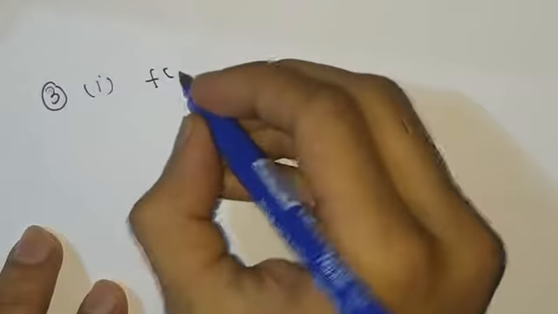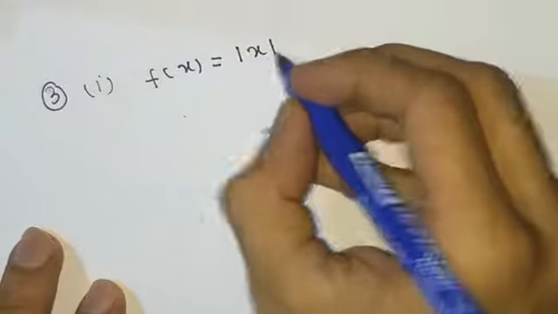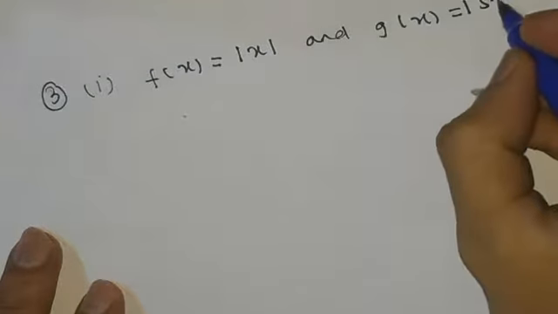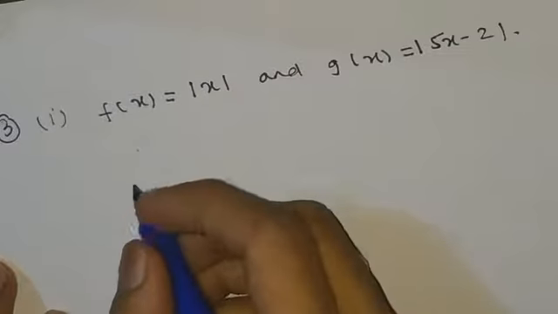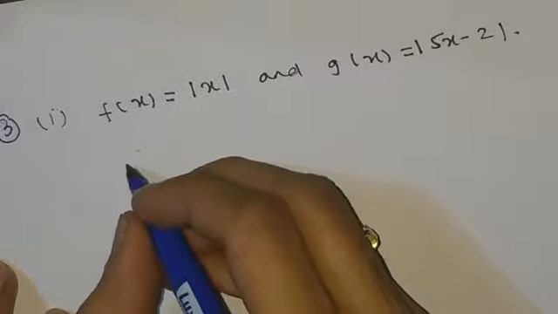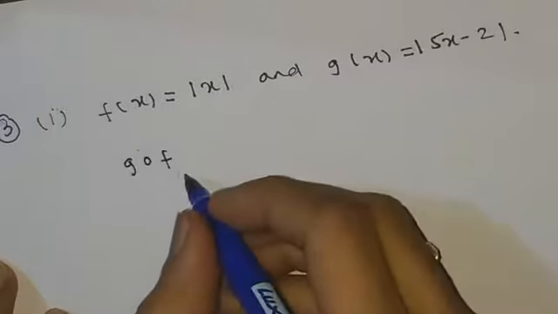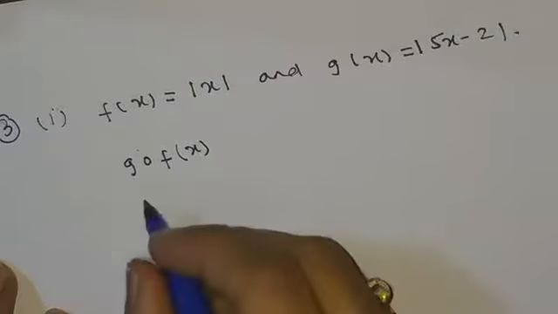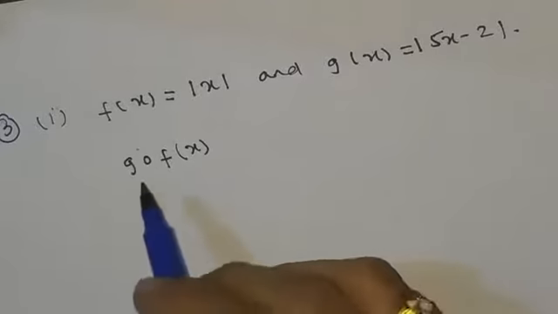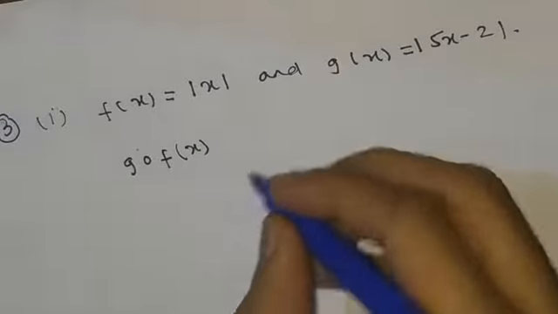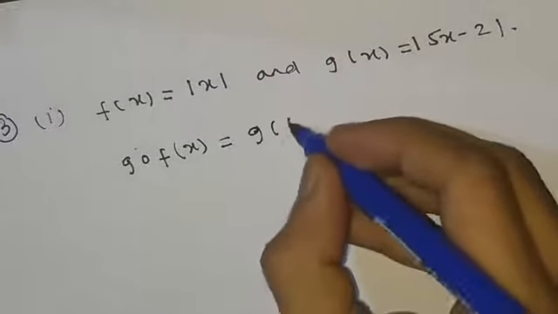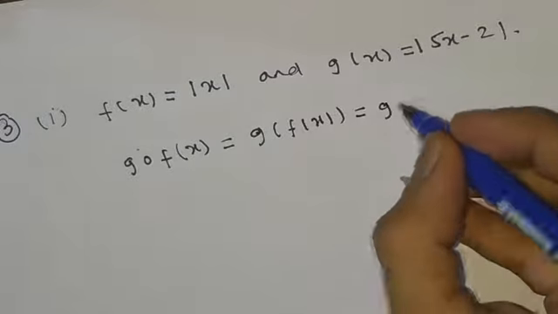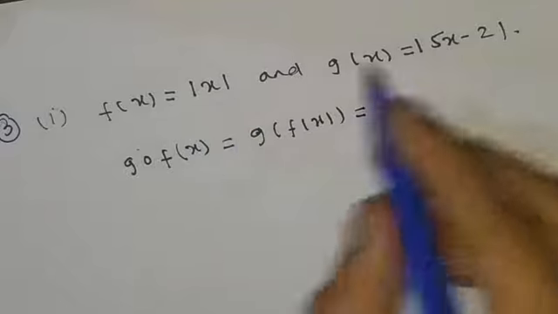In the first problem, f of x is given as modulus of x and g of x is given equal to modulus of 5x minus 2. Okay. We have to find g composition f first. Now to find g composition f, we have to take one x in the domain of g and f. So this will be equal to g of f of x. Okay. So this will be equal to g of f of x, which is given as modulus of x.